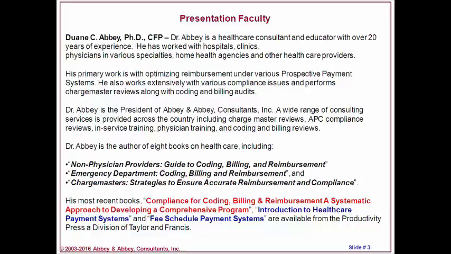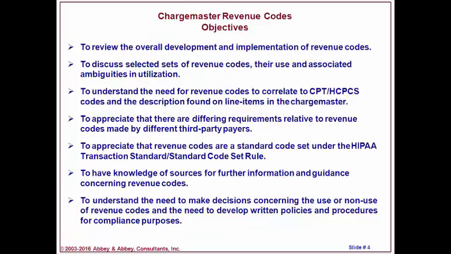All right, let's go to slide number four, objectives. What are we doing today? Well, we're going to do something very boring. We're going to go through most, not all, most of the revenue codes. Now, we'll concentrate mainly on those revenue codes that are used in the hospital outpatient setting and, towards the very end, we'll talk a little bit about the professional revenue codes.